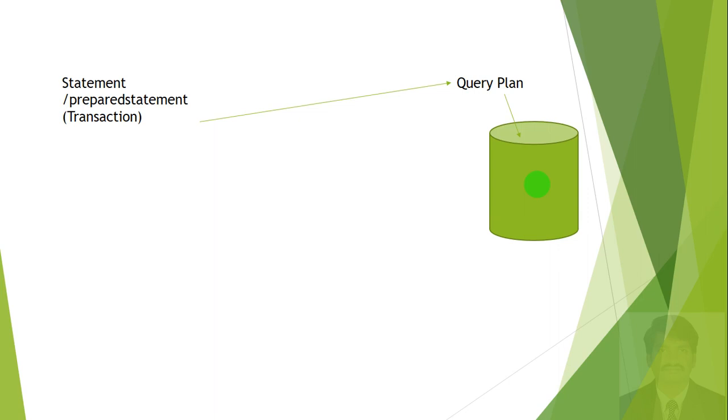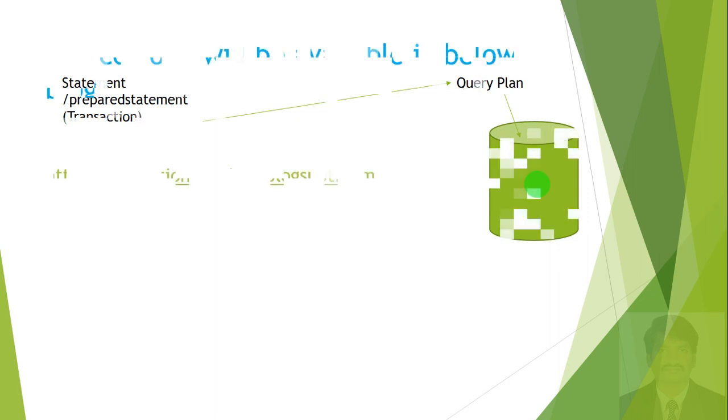So it will reduce the burden on the database. That is the first advantage of prepared statement. Second one is that SQL injection is not possible in prepared statement, whereas it is possible in the statement interface object. This is another advantage, guys, of prepared statement.